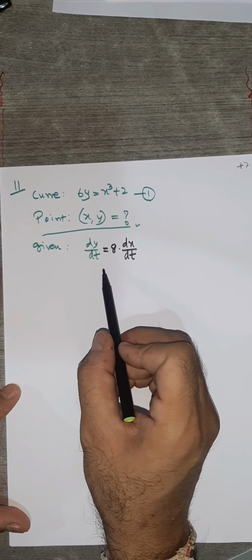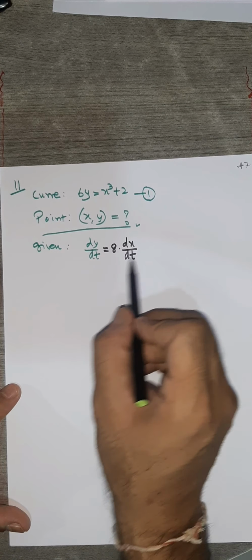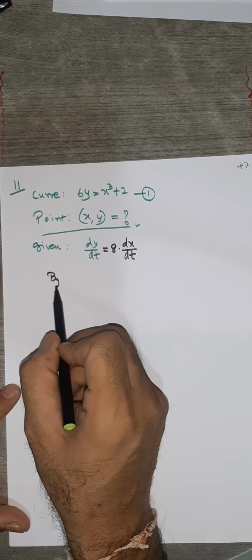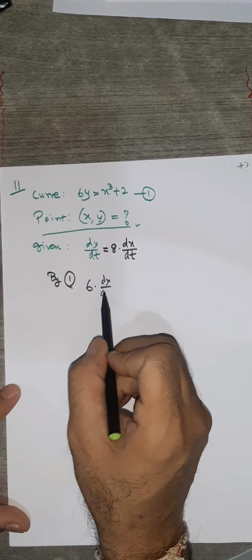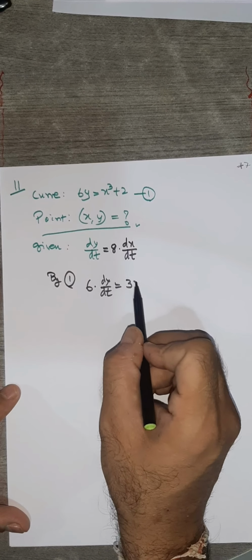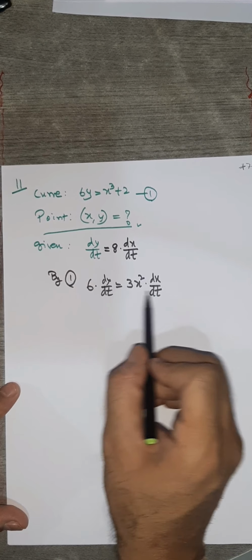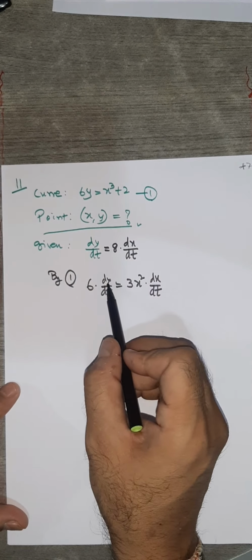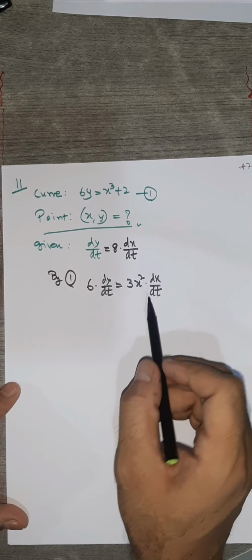Now what we do? We just get the dy by dt from the above equation and we place here. Now by 1 let me write here 6y as it is. Dy by dt equals to 3x squared into dx by dt. By chain rule, derivative of y with respect to t, 3x squared dx by dt, and here 0.